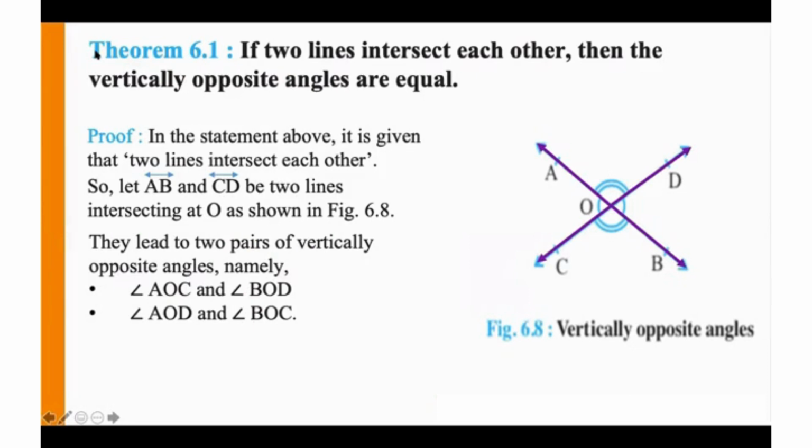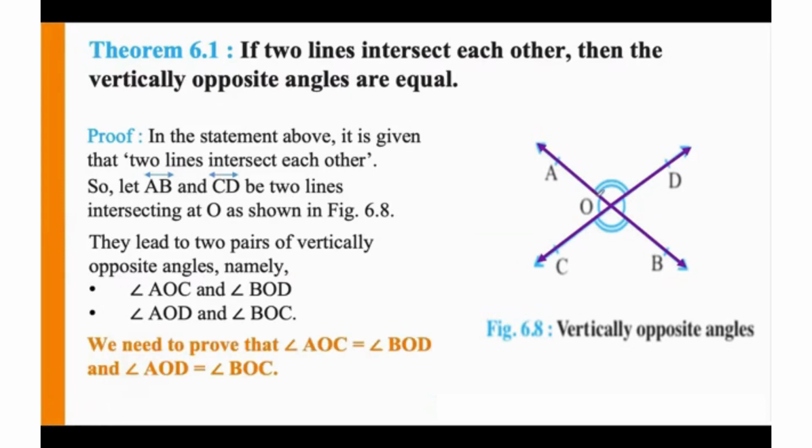They lead us to two pairs of vertically opposite angles, namely angle AOC and angle BOD, which are both vertically opposite angles, and angle AOD and angle BOC, the other pair of vertically opposite angles.